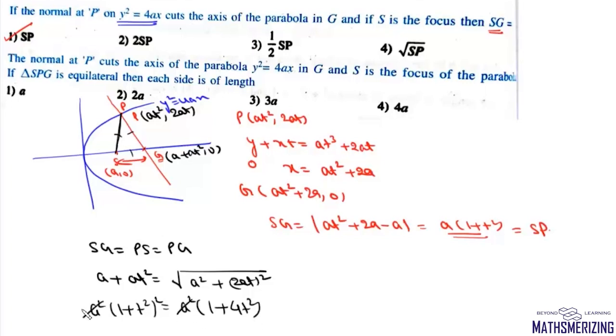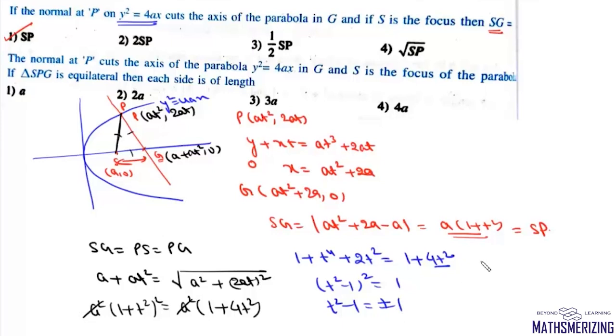So this a² will cancel. So we can write this equation as 1 + t⁴ + 2t² equals 1 + 4t². So we'll take this 4t² on the left, then it will be 1 + t⁴ minus 2t². So we can write it as (t² − 1)² equals 1. So it will be t² − 1 equals plus 1 or minus 1.